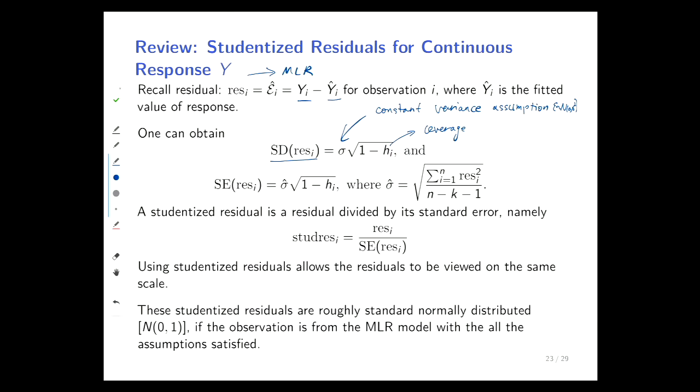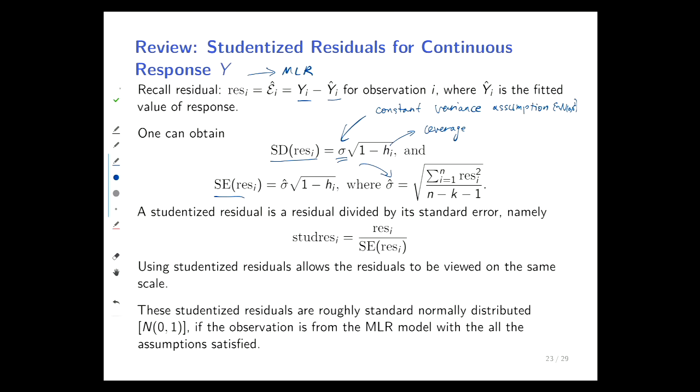If you do not remember it, just review it in the lecture notes. So in this case, we can compute the standard deviation. And because sigma is unknown, we actually need to use the standard error by using the estimation of sigma.